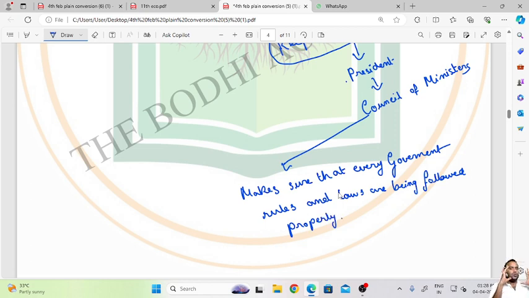So the government makes or issues laws. The government then passes these laws to the President. The President then gives these new, upcoming laws to the Council of Ministers. Now these Council of Ministers make sure that every government rule and law is being followed properly, and the system is running smoothly.